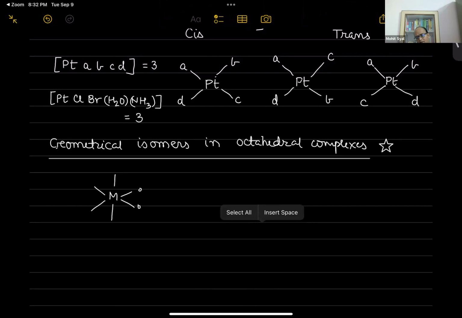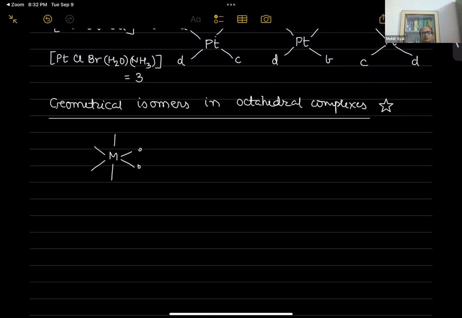Any comment about this arrangement? Tell me quickly. Is it cis or trans? Aisha, Marwa, Jasleen, tell me. What is the angle? This is 90 degrees. Okay, so they are cis.